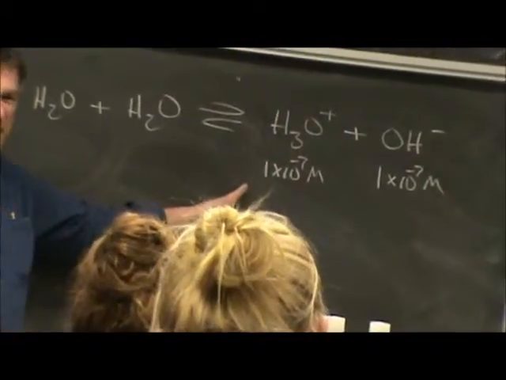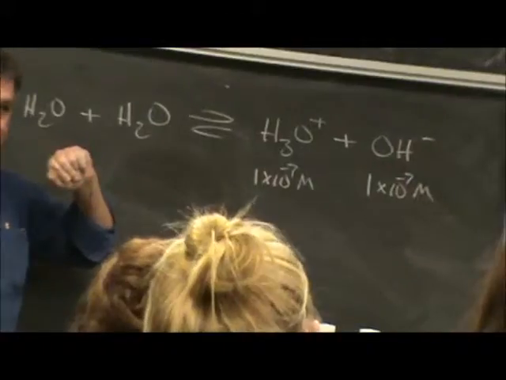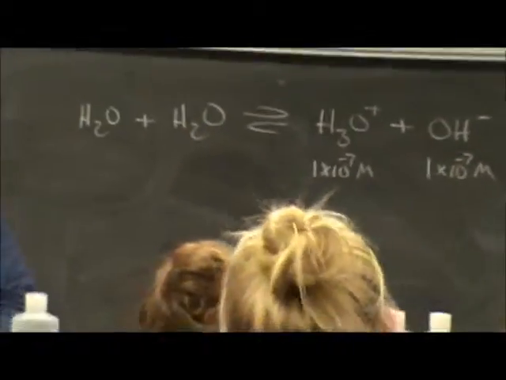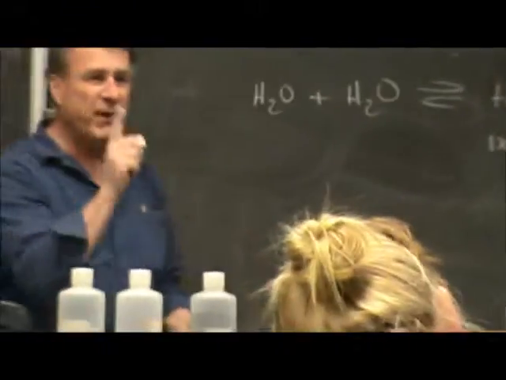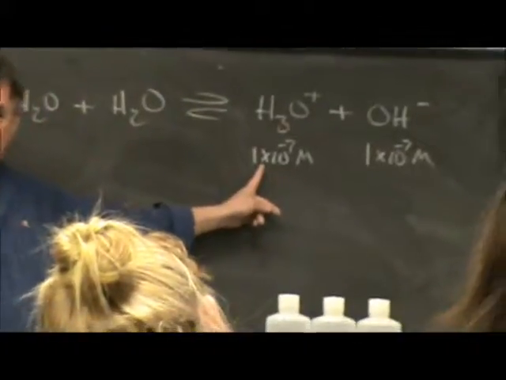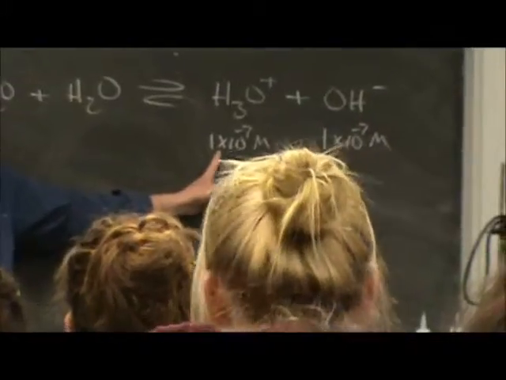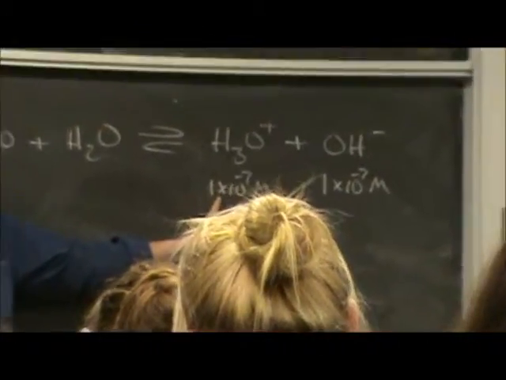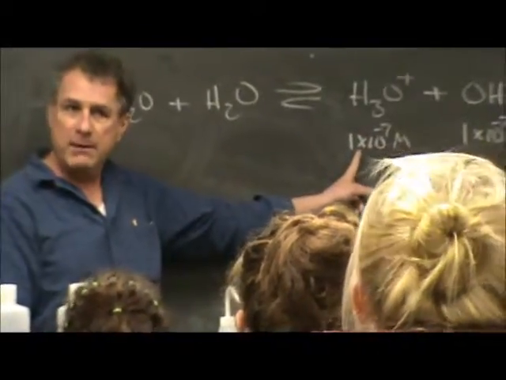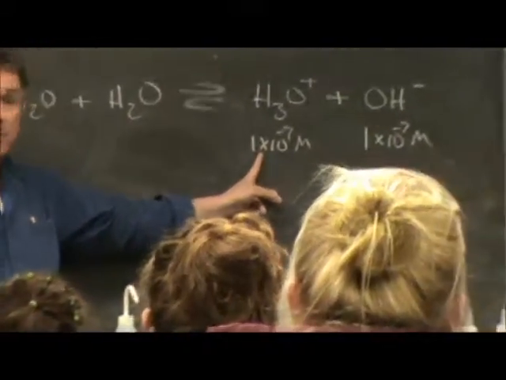That's 1/10,000,000th of a mole per liter. Not very many. But folks, what's the logarithm of that number? Negative 7. And when you change the sign? 7. So the pH of pure water is 7.